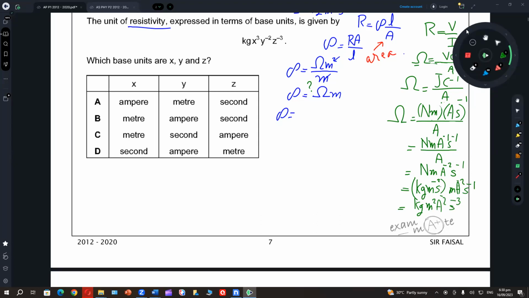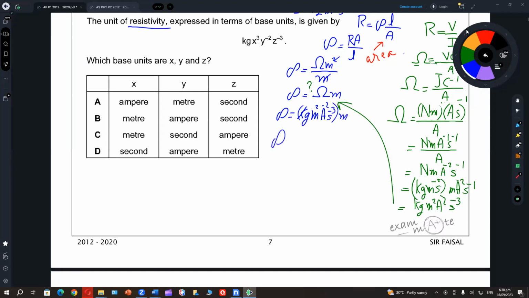Now put the value here. If you bring the value here now, omega is kg m square A minus 2 s minus 3 into meter, which is kg m cube A square s minus 3.